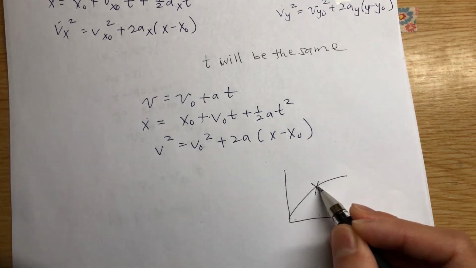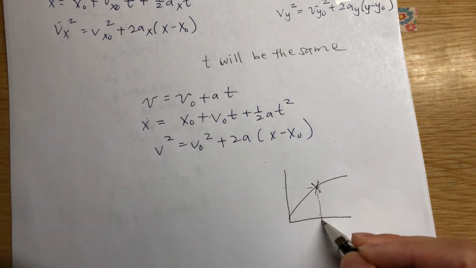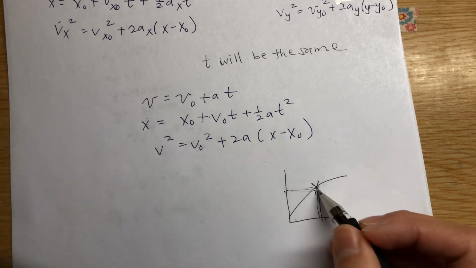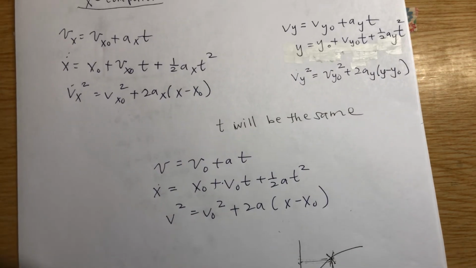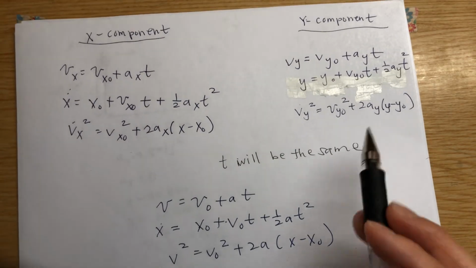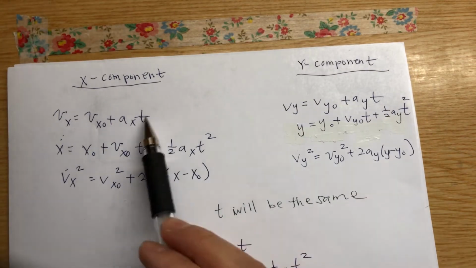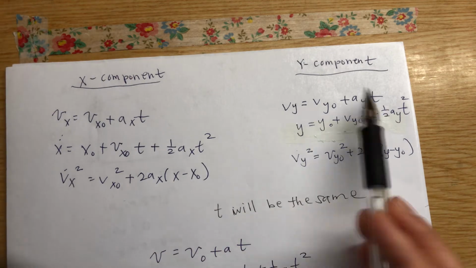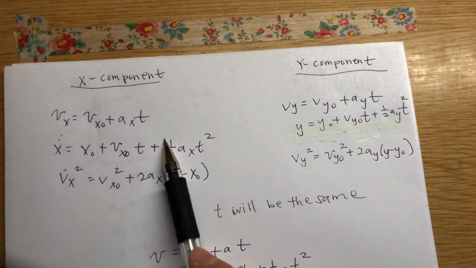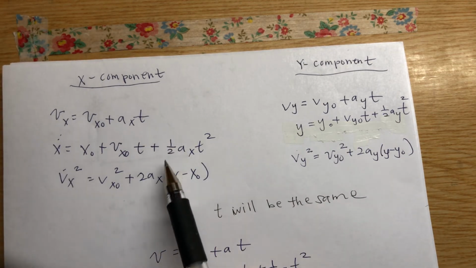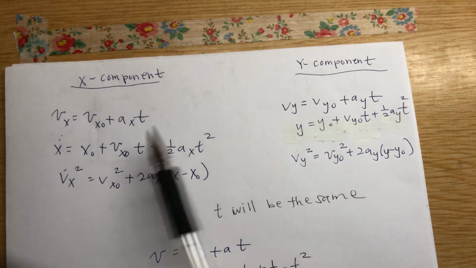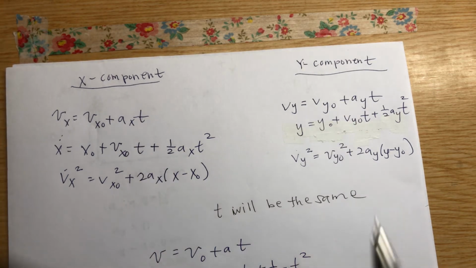So at this time, it's the same t to get to a horizontal and vertical point. So we're going to use t, time, to find different values relating to x and y component.